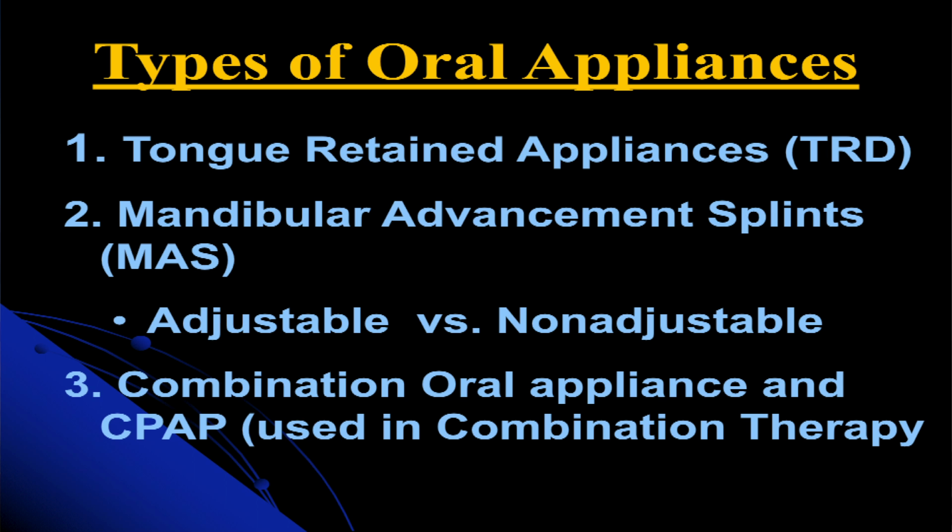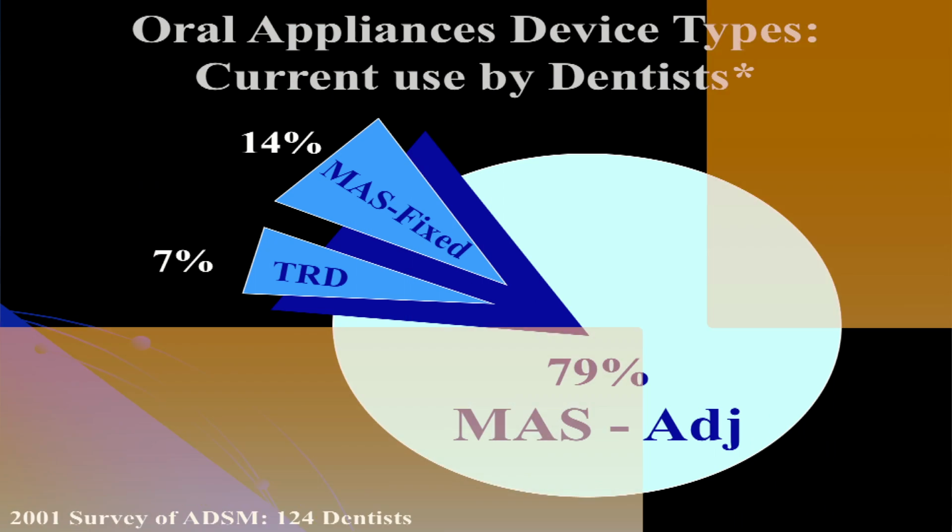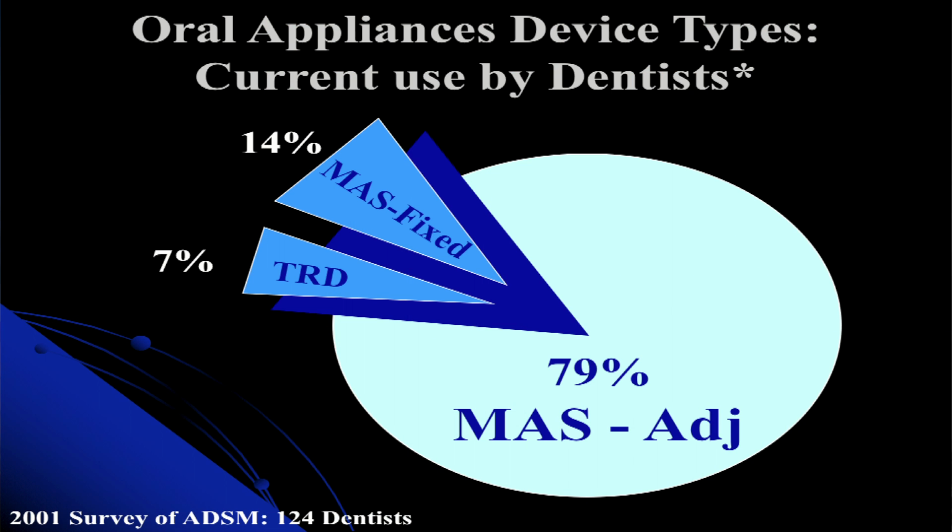And then you do combination oral appliance therapy and CPAP, which I'll talk about at the end. So you can see the mandibular advancement splint, the adjustable, is by far the greatest used appliance. This was done back in 2001, but I think it's pretty relevant today as well. Maybe the TRD is actually less than 7% now, maybe down to 3 or 4.